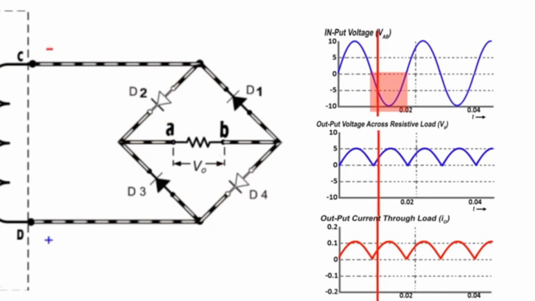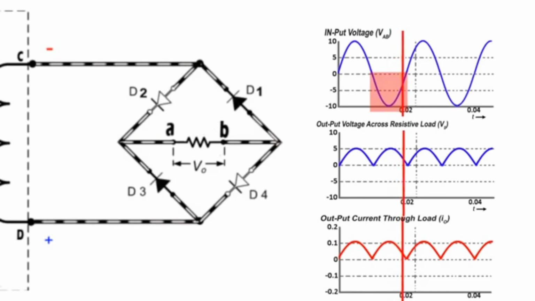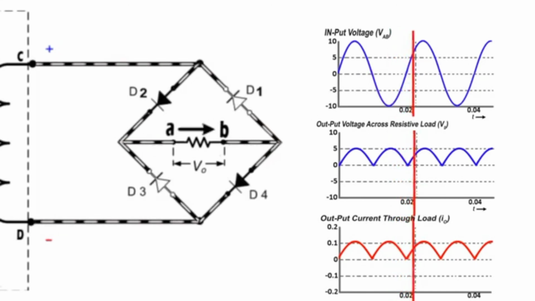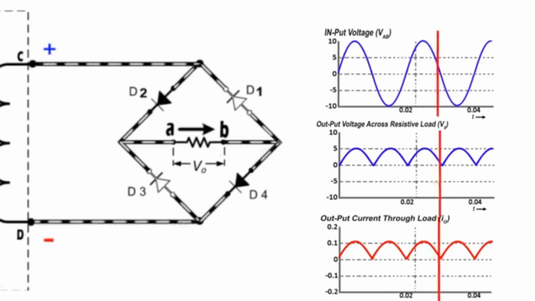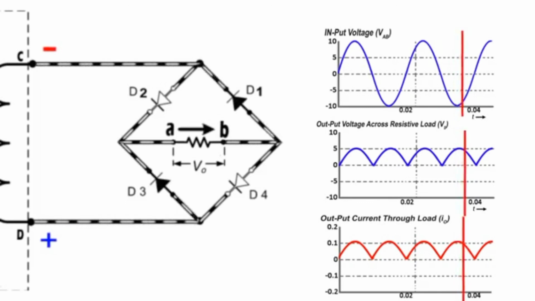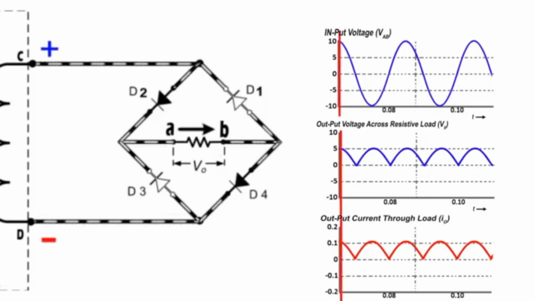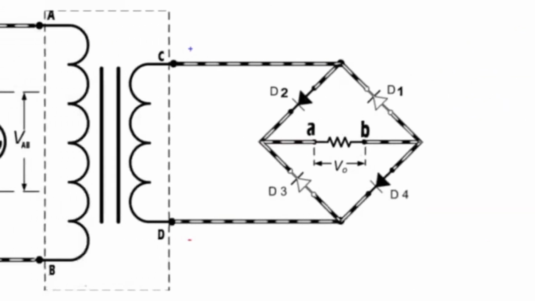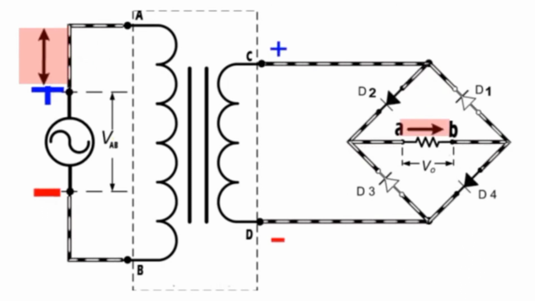Now current follows this path, and it means again from A to B. Therefore, during both parts of the cycle, current through the load flows in the same direction, that is from A to B. This process will continue until the source or load gets disconnected. In this way, the given bidirectional alternating current gets converted into unidirectional DC.